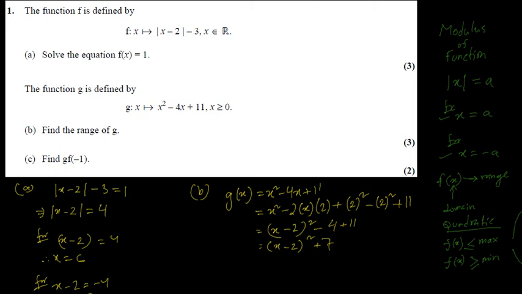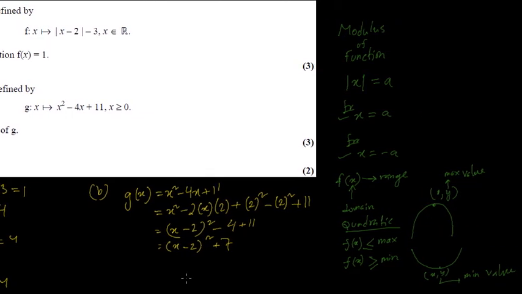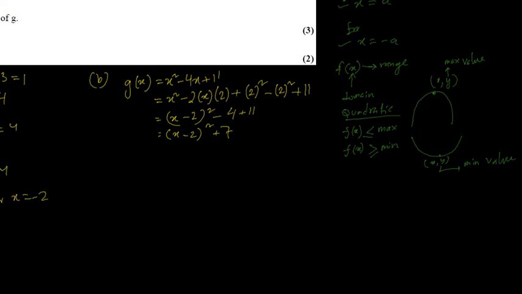So this is the rule from C1. Let me do a little bit of a C1 review here. So in C1, when we have any expression written like this, p(x minus q) whole squared plus r, the y coordinate of the turning point is going to be the same as whatever is outside the whole square, the complete square, added or subtracted, but the x coordinate of the turning point is going to be different.